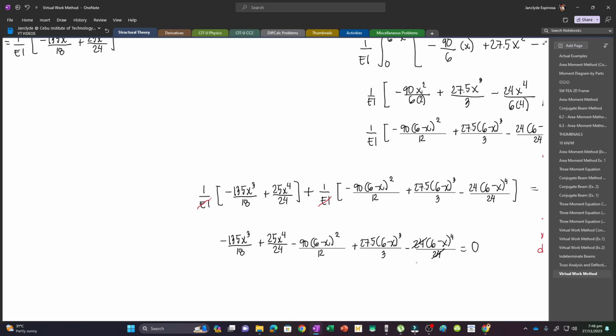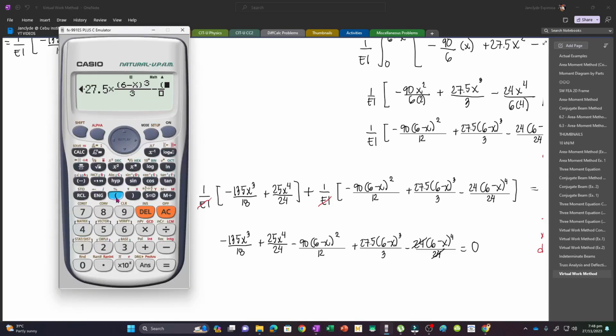And so hindi na natin yan isusulat kasi medyo wala nang space. So this will be 6 minus x to the power of 4 and then over, yan na lang. 6 minus x to the 4th is equal to 0. Press shift solve. Makukuha mo na yung value of x.